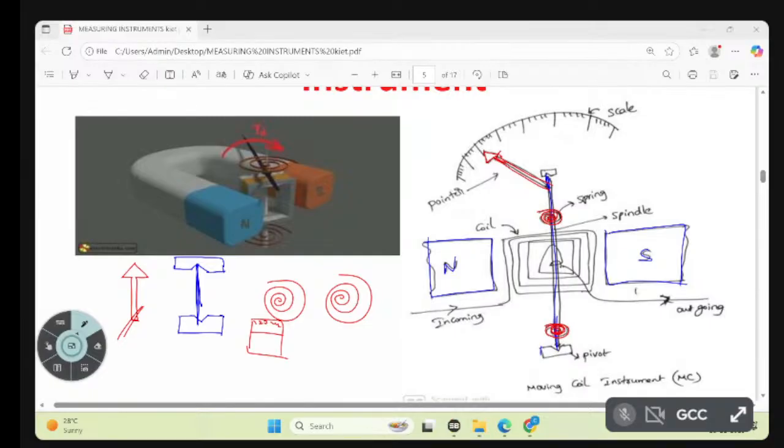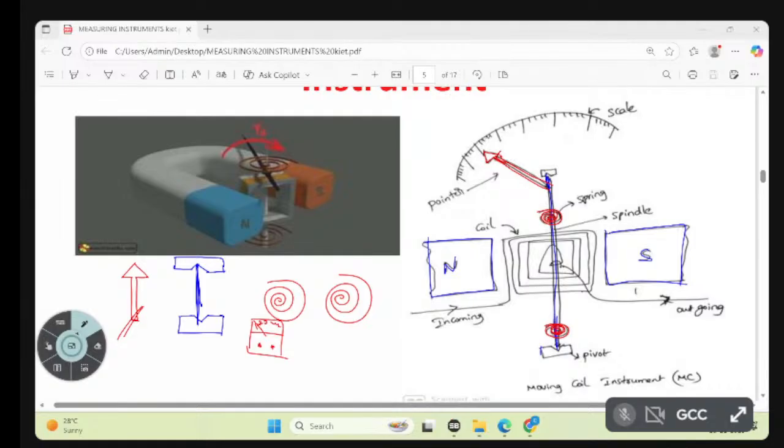It has a pointer. You have seen a speedometer, right? It has 2 terminals. Not only this one, any meter, voltmeter, ammeter, energy meter, speedometer, it has 2 terminals.